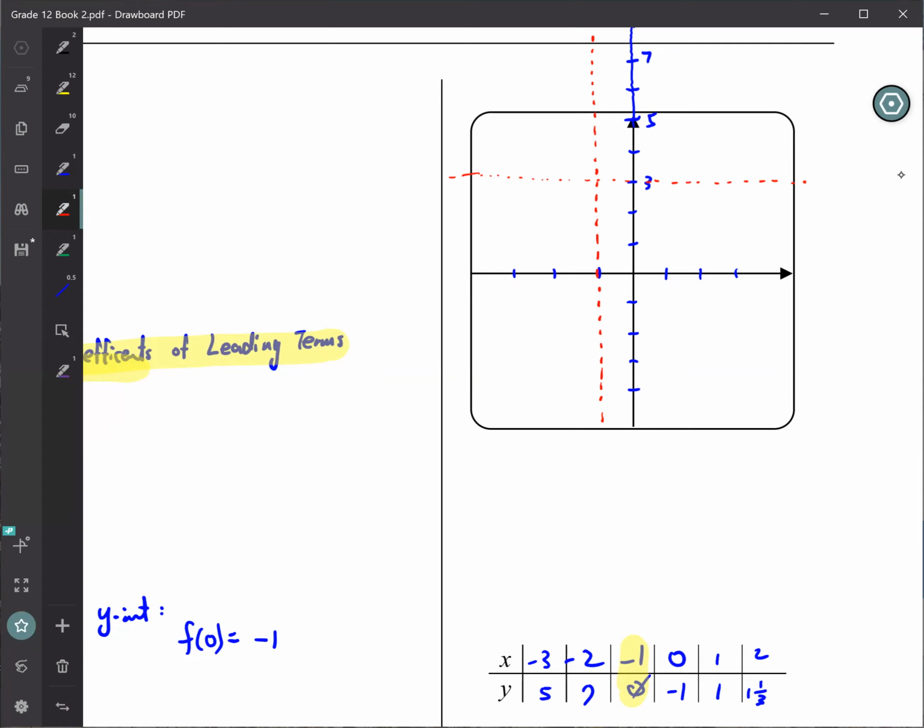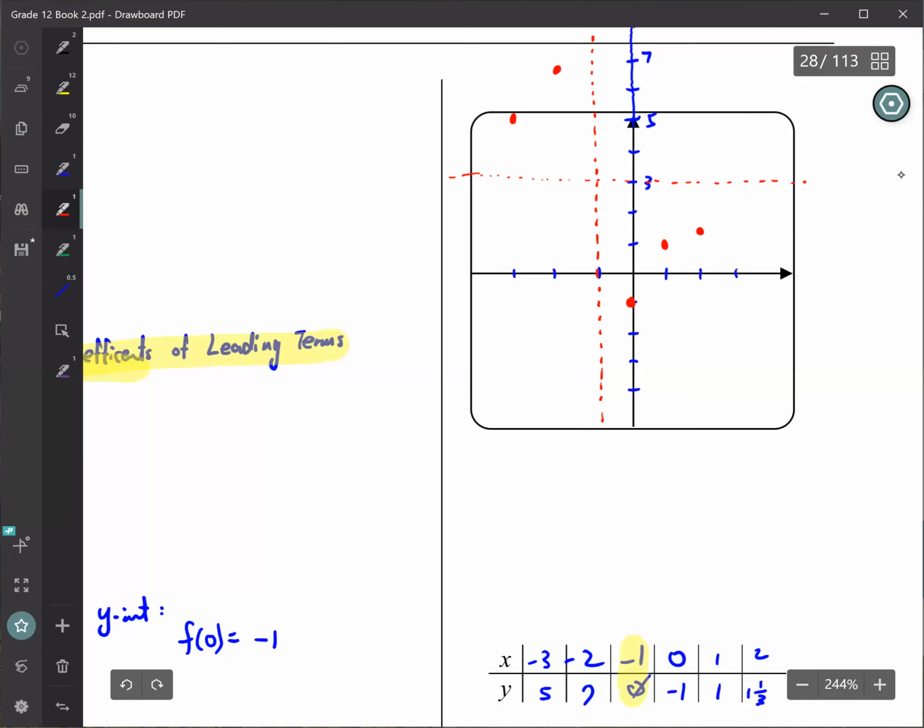And then -3 is 5, will be here. -2 is 7. 0, -1. 1, 1. 2 is 1 and 1/3. So 1 and 1/3, here.